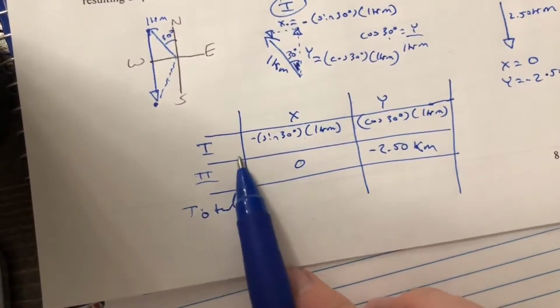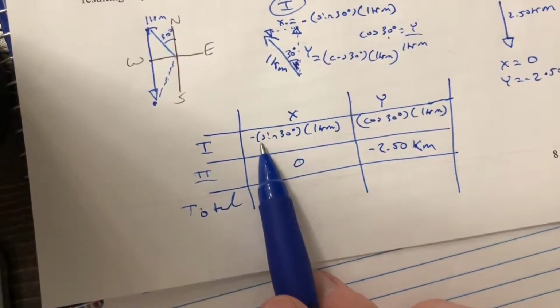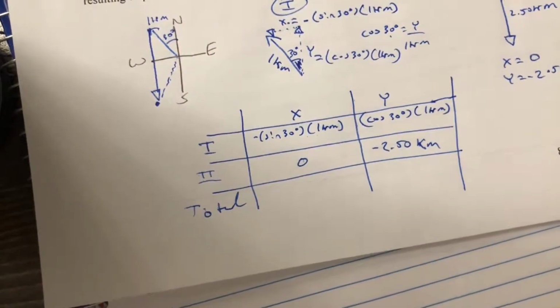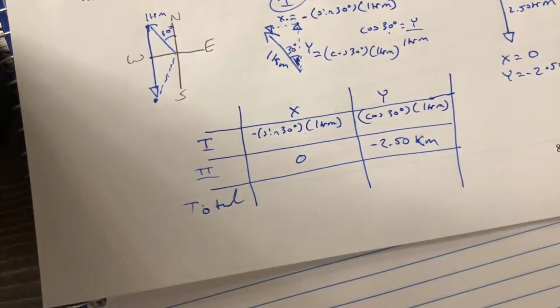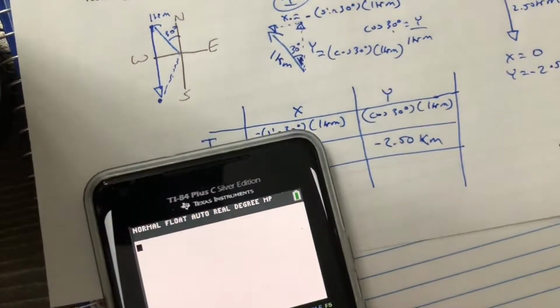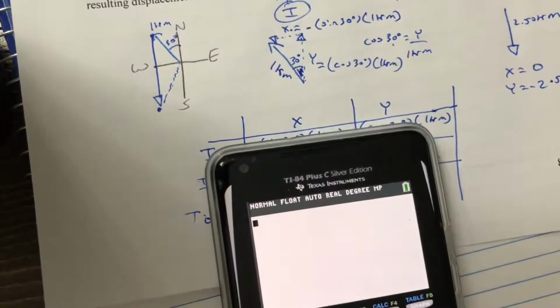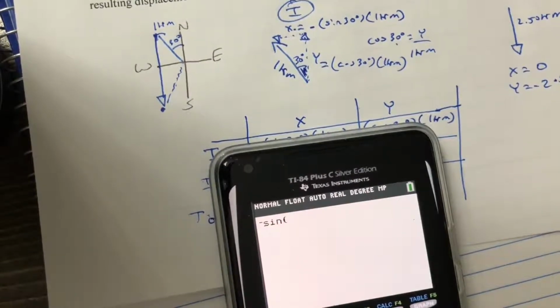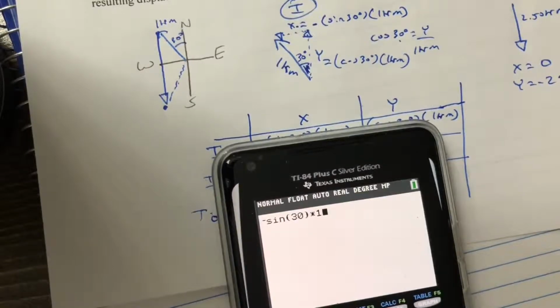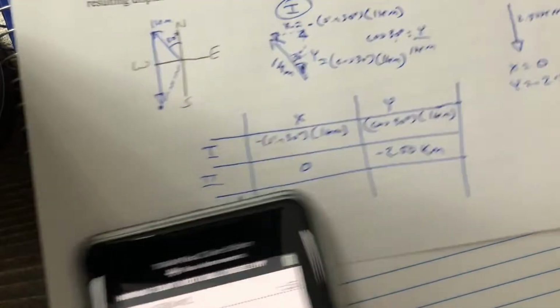So for this one, I could figure out what negative sine times 30 times 1 kilometer is, or I could just leave it in. For now, I'll show what that calculation is. And then as you get more experience with this, you can just do it all as one step, right? So times 1 is just going to be the negative sine of 30.